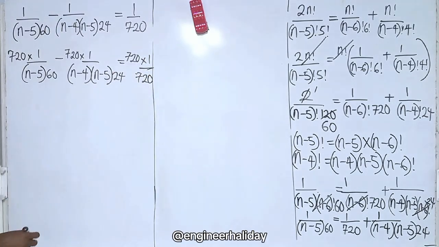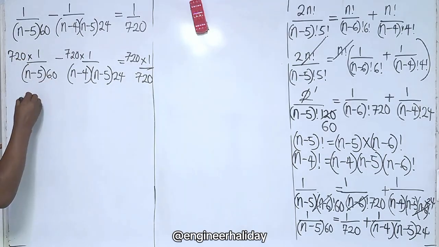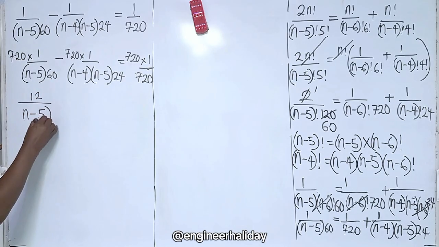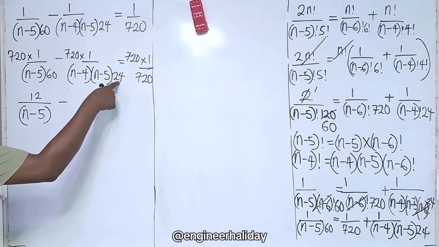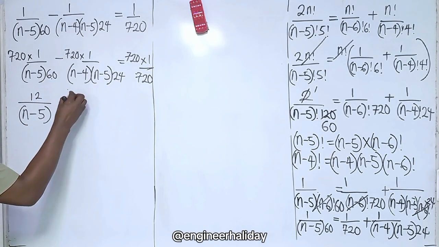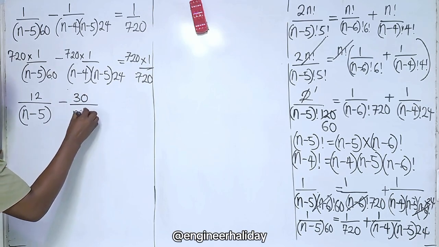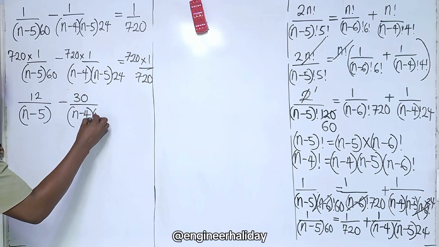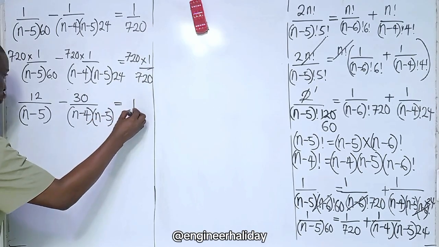So having done that, 720 divided by 60 will give us 12 divided by n minus 5, minus 720 divided by 24 will give us 30 over n minus 4, is equal to 1.